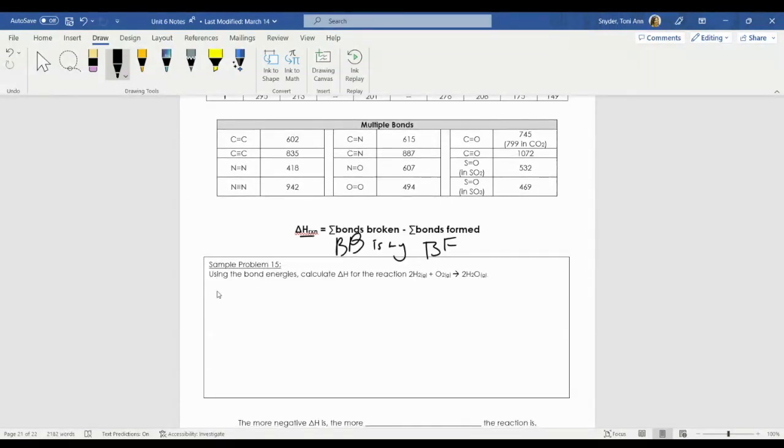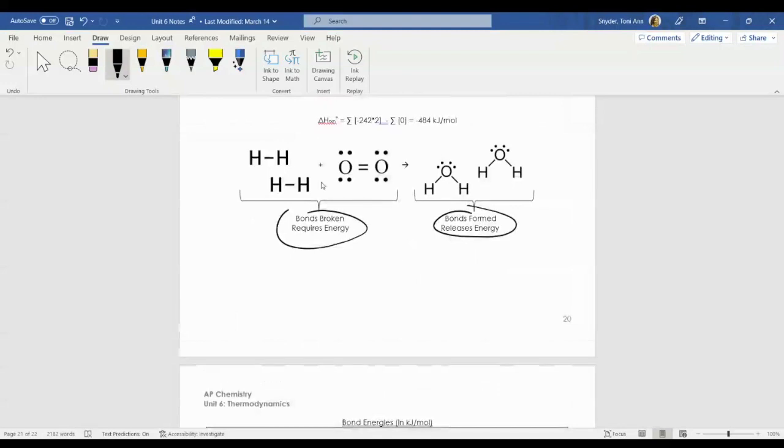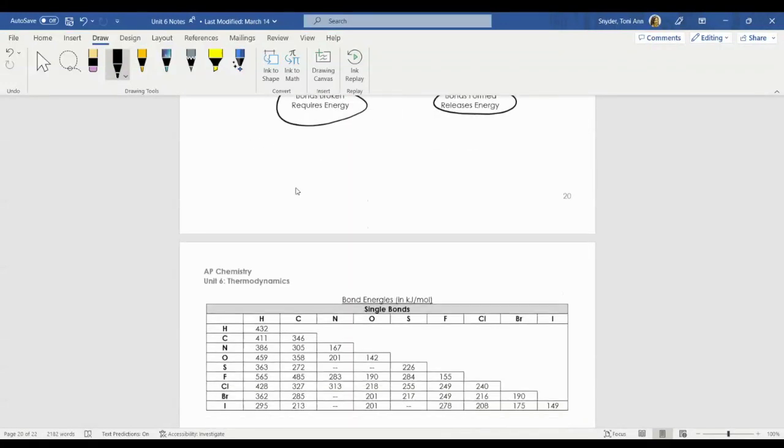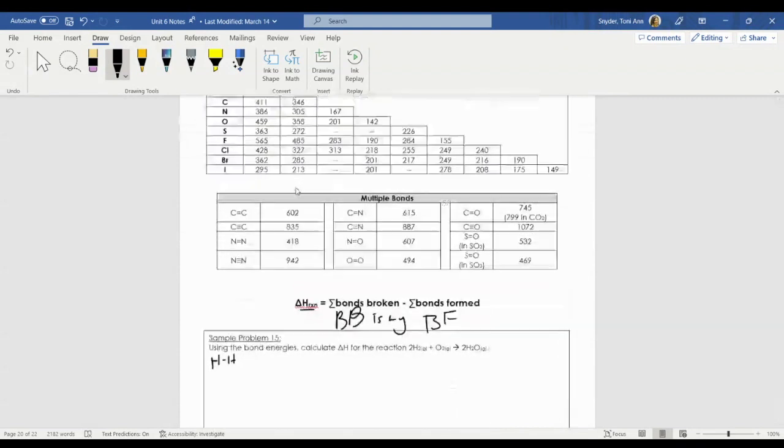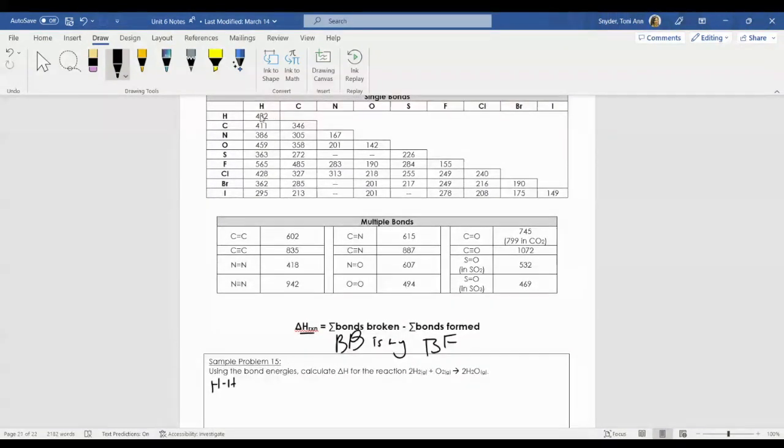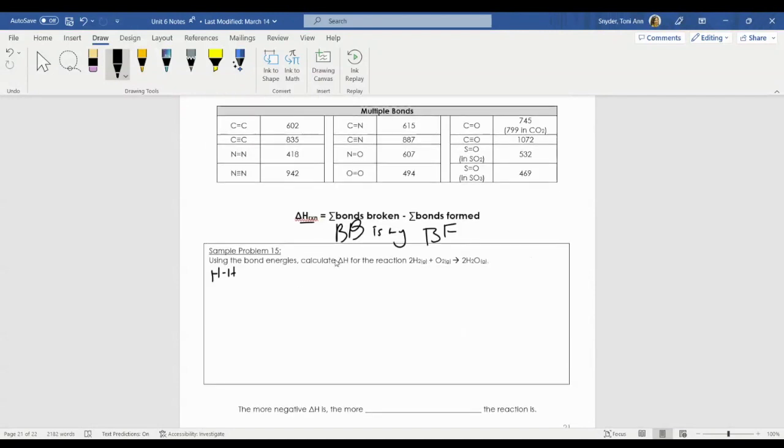Let's take a look. If I look at this chart above, in order for that reaction to occur, we said already I have to break 2 single bonds to hydrogen, okay? So hydrogen-hydrogen single bonds, we have already said, have a bond energy of 432 kilojoules per mole, but there are 2 of those bonds, so I'm going to times that by 2.